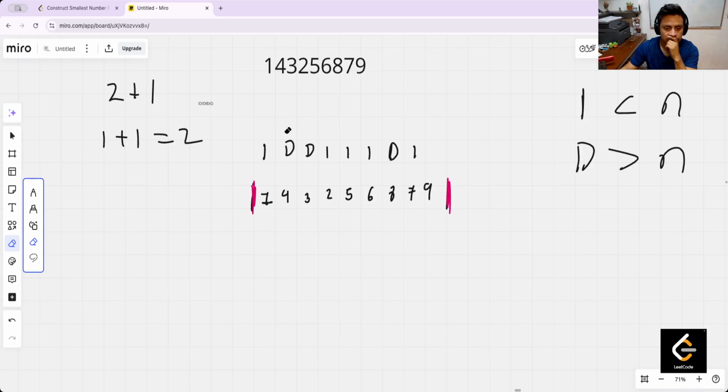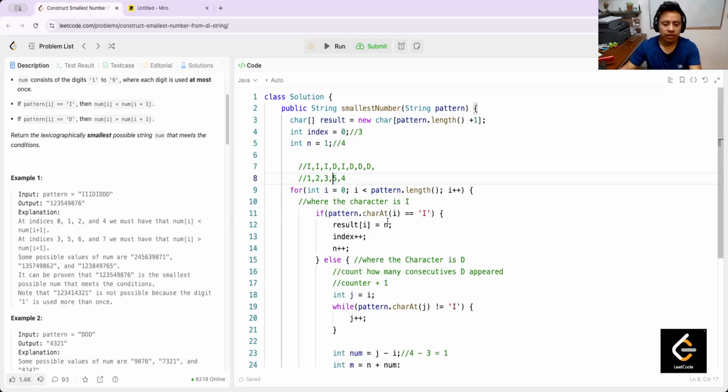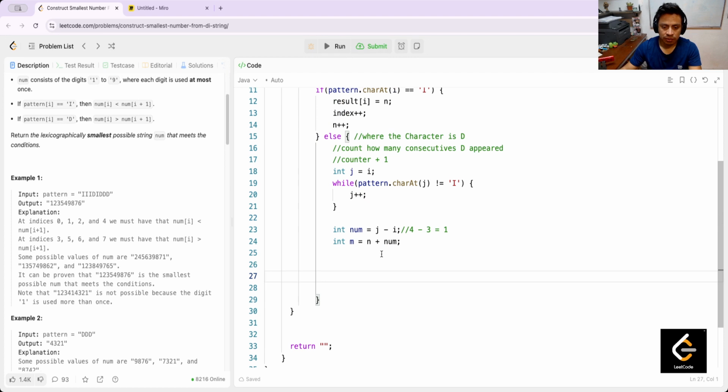Let's start with the figure here, and okay, no, I do the positive way.